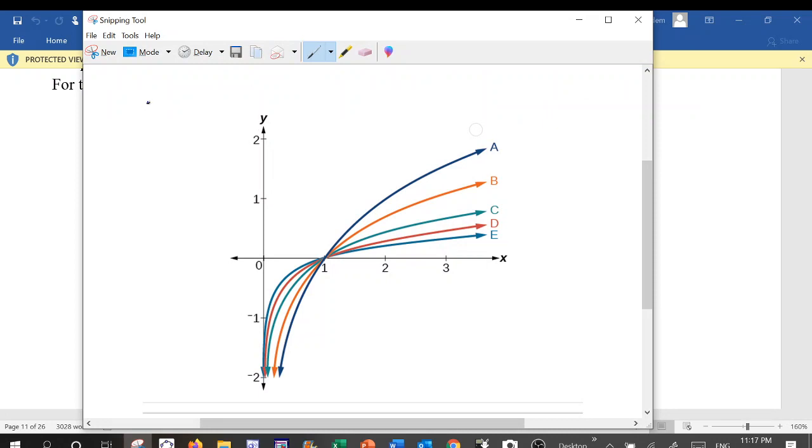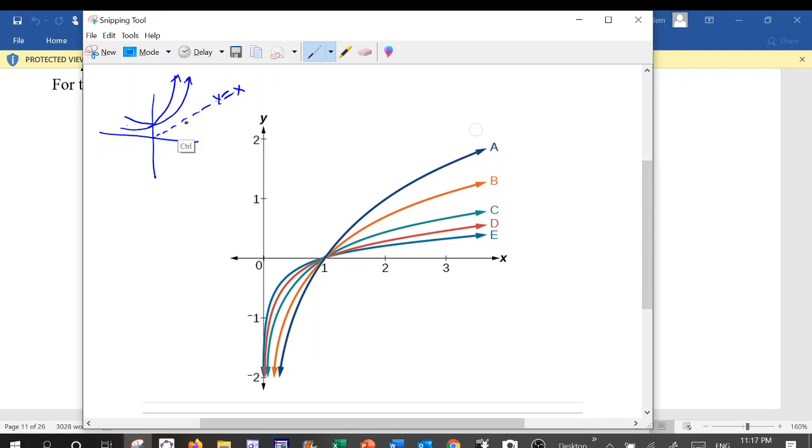So remember that these are inverses. So if this is y equals x, and we have a function that goes up sharply compared to, let's say, this one that doesn't go up sharply. This one is sharper than this one. That's not really accurate, but we're talking about this right side.